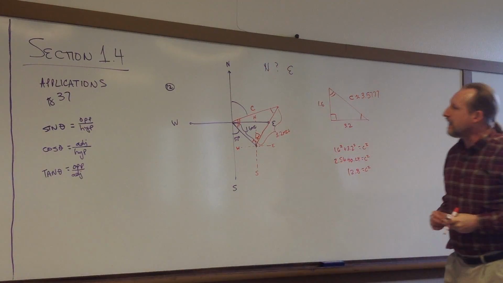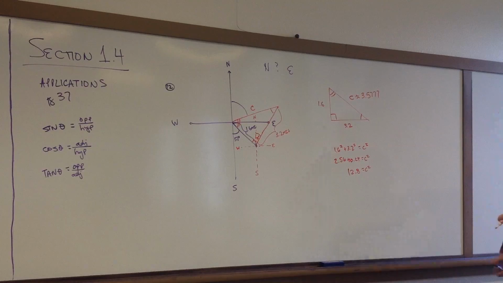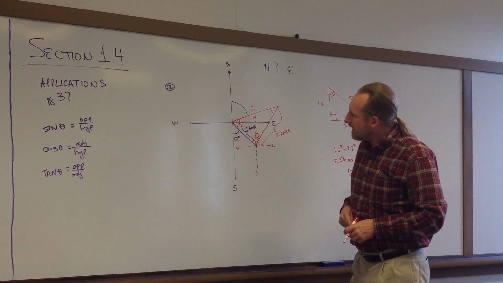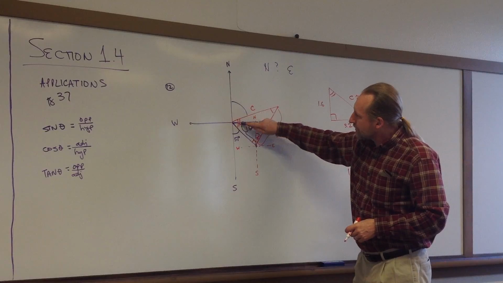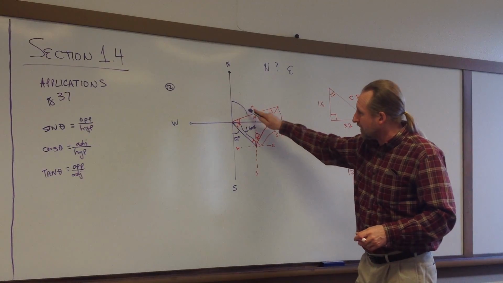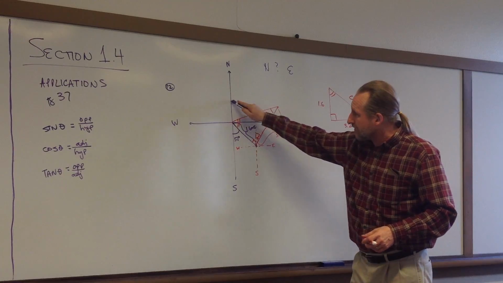We need to fill in that value. We don't know what it is. Well, one thing we can do is find this angle in here, and then these three angles are supposed to add up to 180, because this is 180 degrees right here.